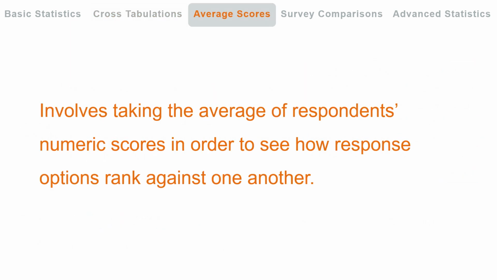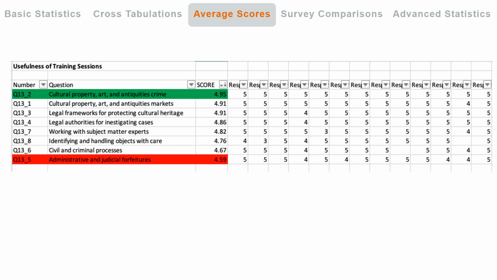We can also look at average scores. This involves taking the average of respondents' numerical scores in order to see how response options rank against one another. For example, consider this question, which asked respondents to rank a series of training sessions from 1, not at all useful, to 5, extremely useful.